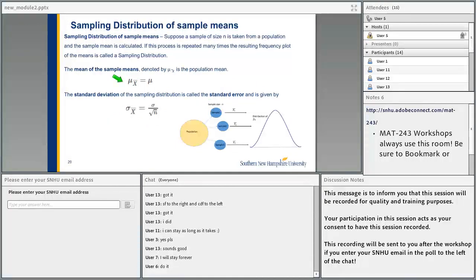So for a sampling distribution, the mean of the sampling distribution is always equal to the population mean. So the curve that I have for the sampling distribution of sample means, if the center value is mu, if I were to mark the mu here, this will be equal to the population mean.